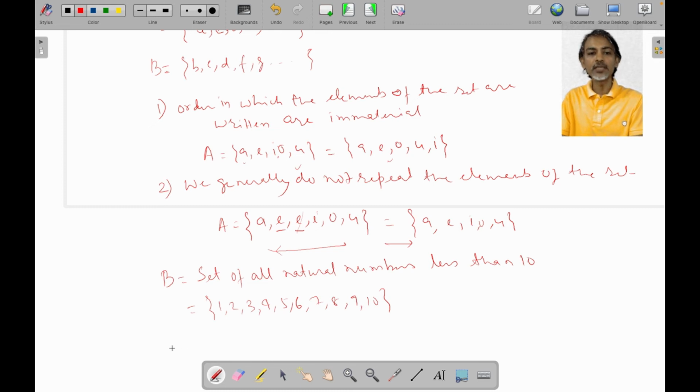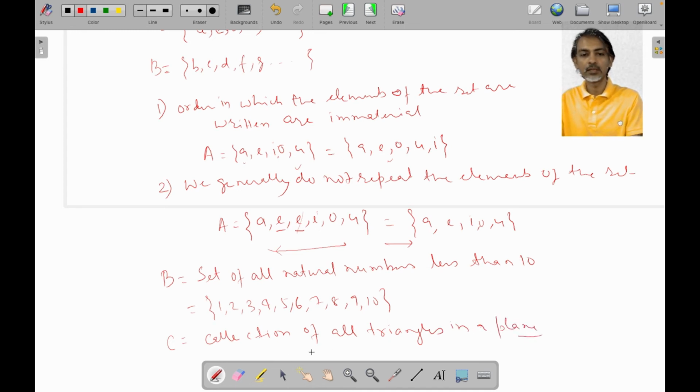But there could be sets like this also, like say someone is saying the collection of all triangles in a plane. So this is also a collection, right?